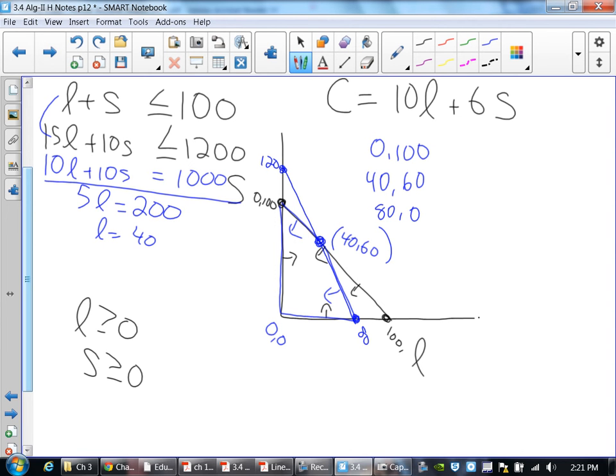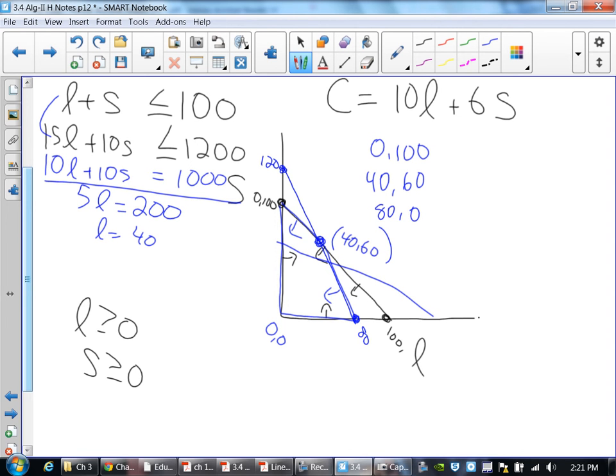Why do we have to check all 3 points if it's pretty much determined that the point of intersection between those 2 lines is going to be the point where we maximize our profit? Not always, because pretty soon I'm going to throw in another line. You'll have an extra set of variables to look at.